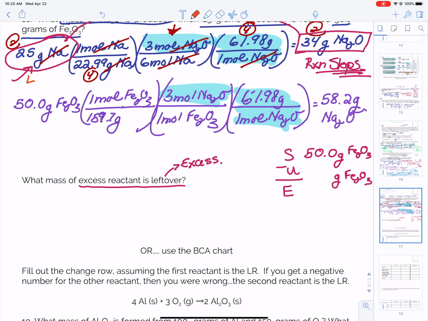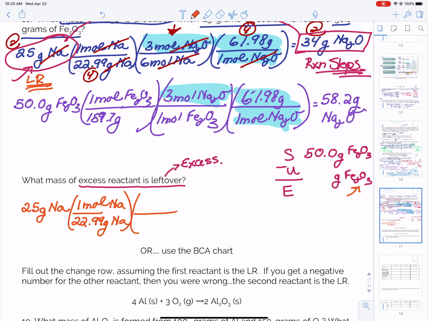Once we figure out that this is the limiting reactant, that's our starting point for any stoichiometry question within this problem. So I'm going to start with my 25 grams of sodium. And where do I want to end? I want to end with grams of Fe2O3. So I start my stoichiometry problem the same way as before, converting to moles of sodium.